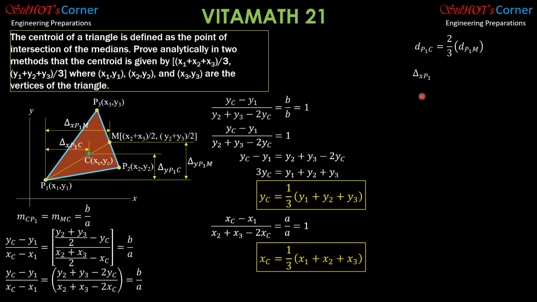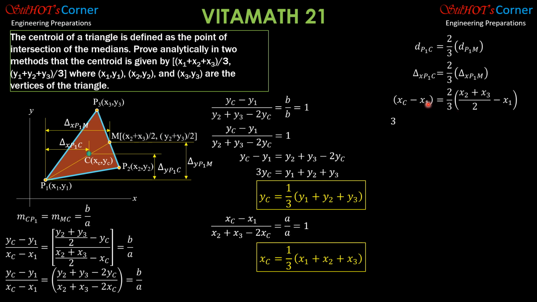So delta x P1C is equal to 2/3 of delta x P1M. Delta x P1C is simply the difference of the x coordinates. So right x coordinate minus left x coordinate, x sub c minus x sub 1. And it is 2/3 of (x2 plus x3) over 2 minus x1, the horizontal projection of P1M.